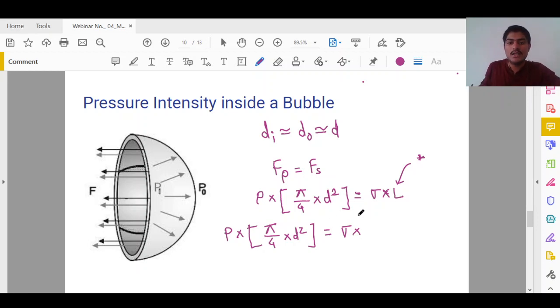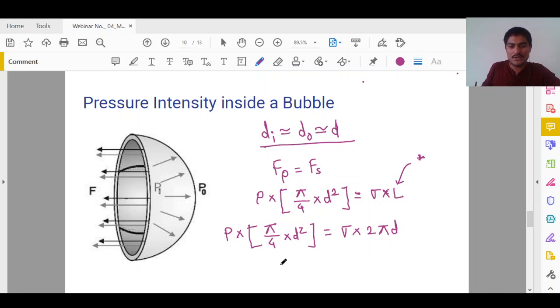So here for length we have to put two peripheries: the periphery of the inner film and the perimeter of the outer film. So we can write 2 pi d, or more correctly, pi di plus pi do. But here we have initially assumed that di is approximately equal to do, or you can represent it as d.